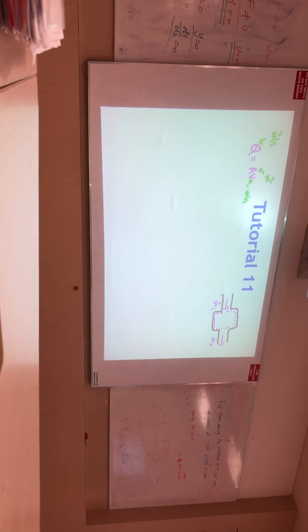In the CV, dm by dt may change or not change, anything may happen. So mass conservation tells me dm by dt is equivalent to m dot i minus m dot o. Remember, right?